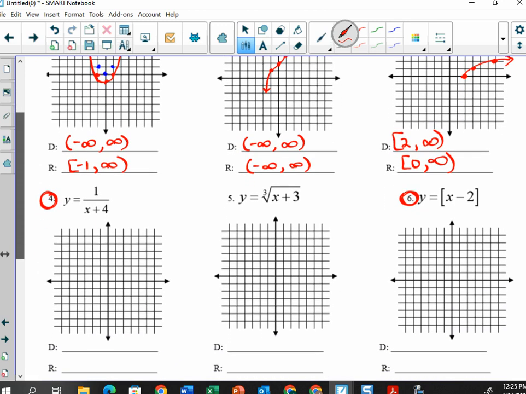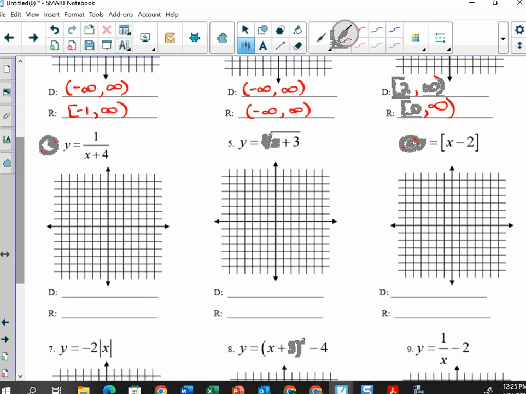But do 4 and 6. How do you graph? 6 is kind of weird. Try 4 and 6.